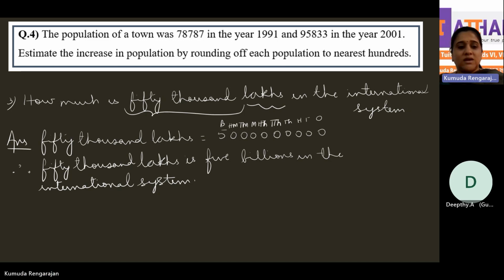But since we don't learn place values beyond crore, what you learn is crore and 10 crore, sometimes we may have to name it like this. But to answer your question, if they ask you how much is 5 billions in the Indian system, you should not write this answer. You should write using crores. We'll do that next year.